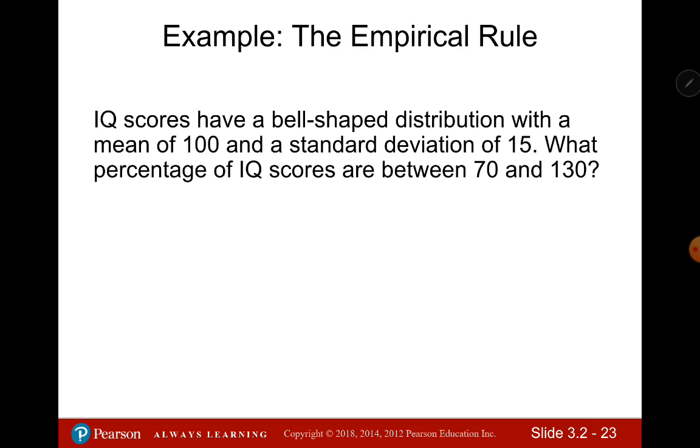Because it says the IQ scores, that's the whole population, so this is mu, the population mean. And we also know the population standard deviation is 15, let's say. What percent of IQ scores are between 70 and 130?